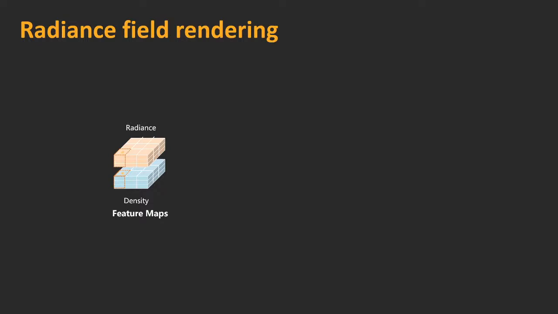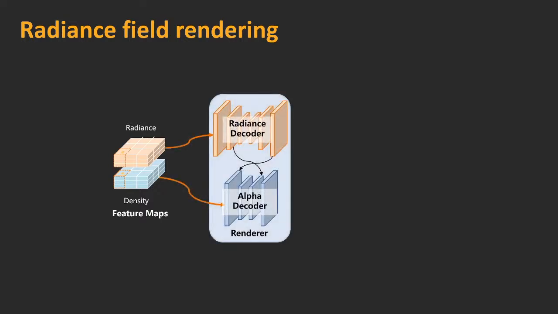Note that we aim to achieve view-consistent rendering. However, the local receptive field of a convolutional neural network may introduce view inconsistency. Thus, we design a lightweight renderer network to replace the last fully connected layer of the original NeRF network and decode the feature maps into radiance and opacity.